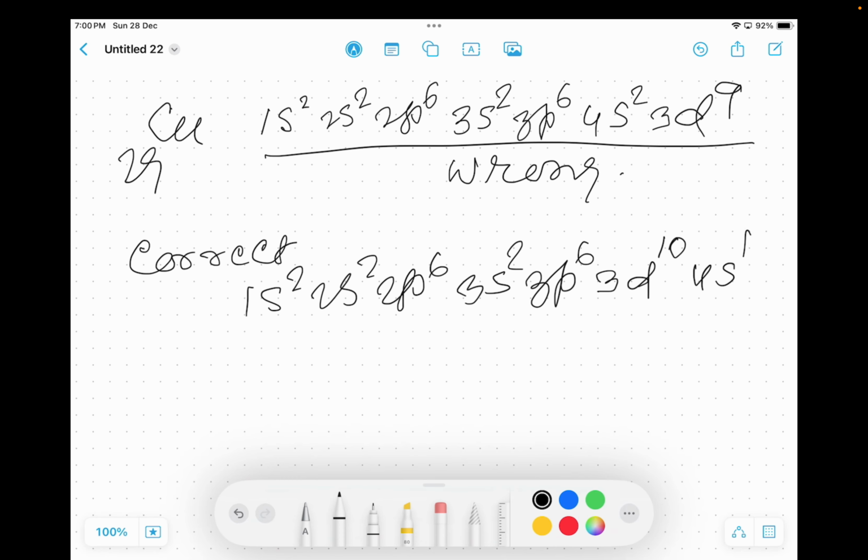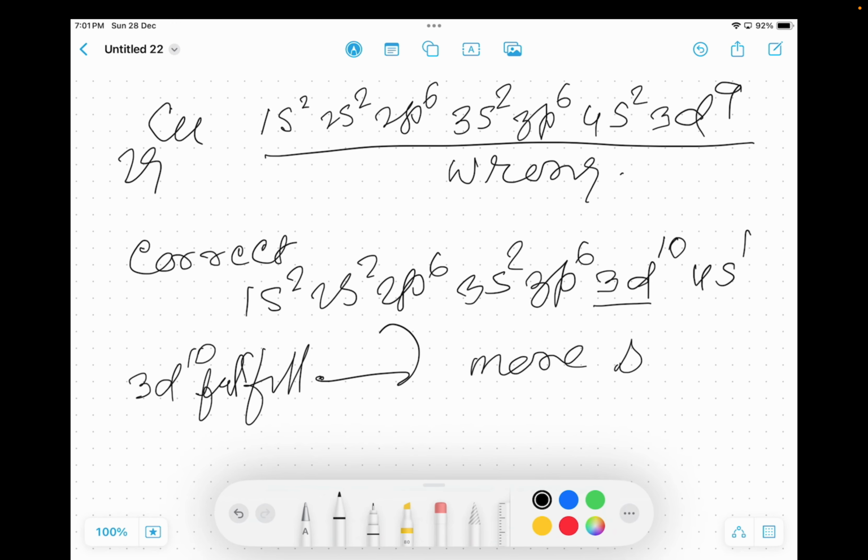Again the same point comes: 3d comes backside when electrons are added, and 4s goes upper side. And it is also the case of full filled. So 3d10 full filled electronic configuration is more stable.